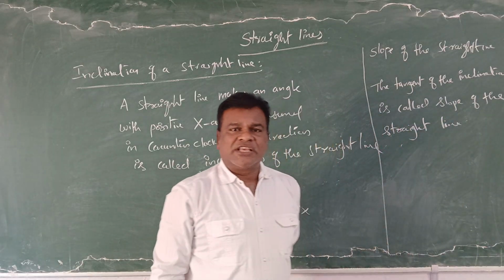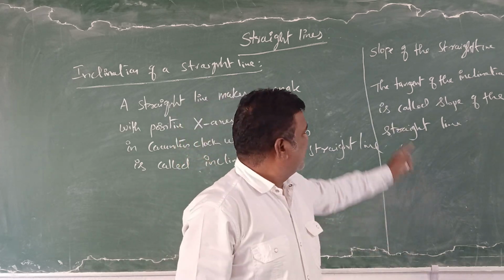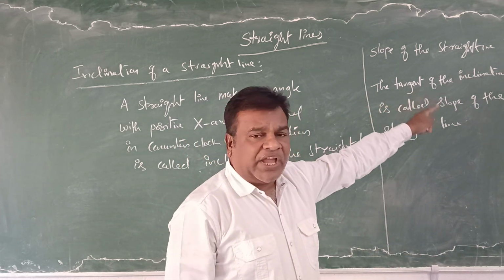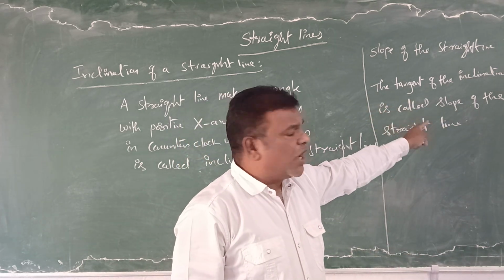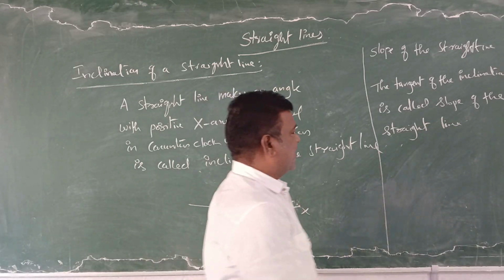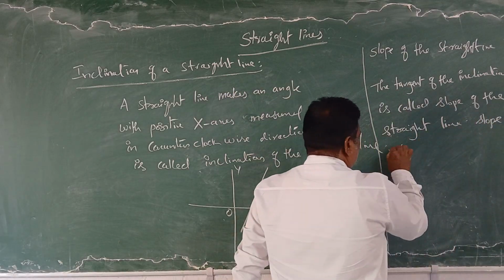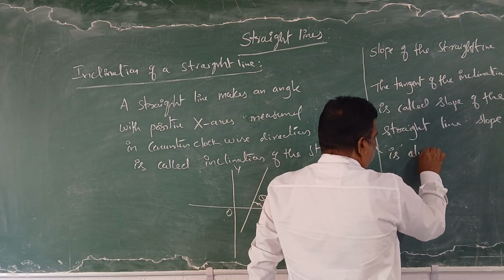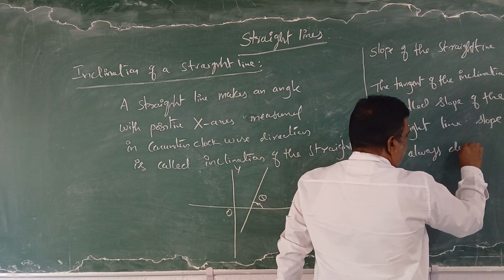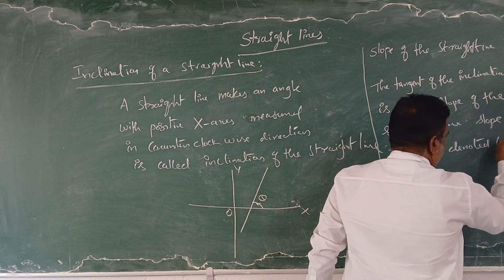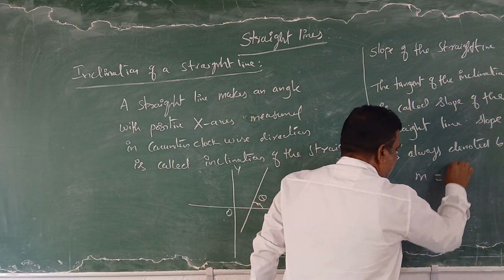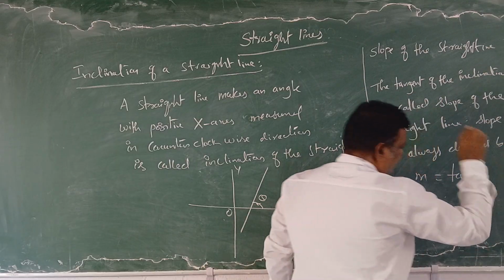So, what is the slope of a straight line? The tangent of the inclination is called the slope of the straight line, and slope is always denoted by small m, that is m equal to tan theta.